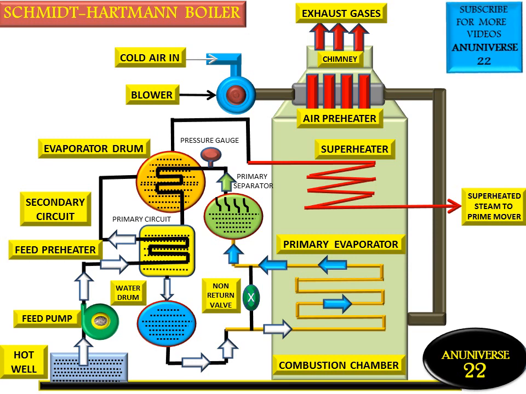Here two pressures are generally used, one in the primary circuit and the second in the secondary circuit. In the secondary circuit, a feed pump is used, so there is forced circulation, but in the primary circuit there is natural circulation.